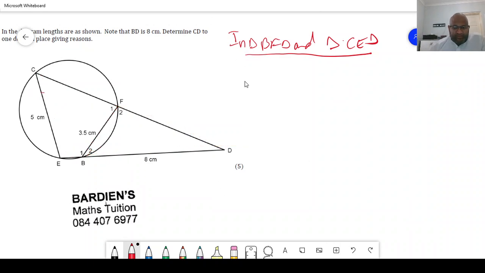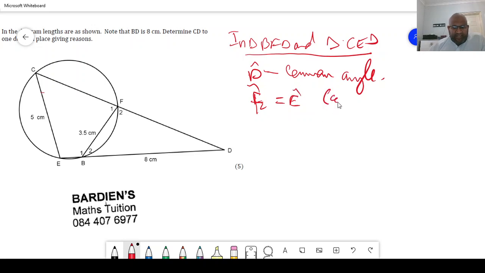So let's go with it. We then say angle D is your common angle. Then we say that angle F2 is equal to angle E. Why?